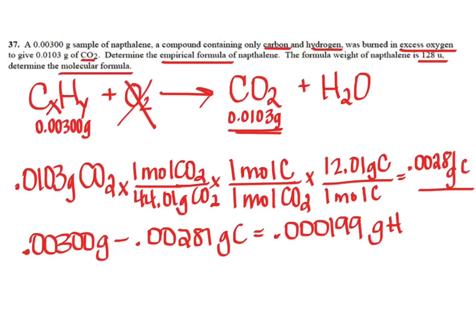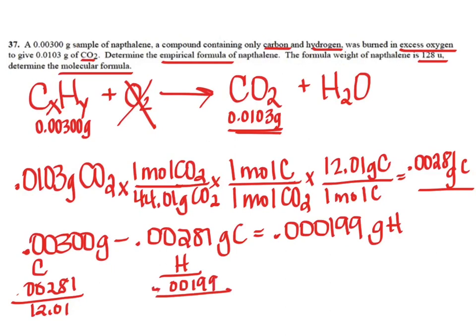So how can I find this empirical formula? All right, so carbon, 0.00281 is going to get divided by the molar mass of carbon. And hydrogen, 0.00199, is going to get divided by the mass of hydrogen. So now I get 2.34 times 10 to the minus 4.